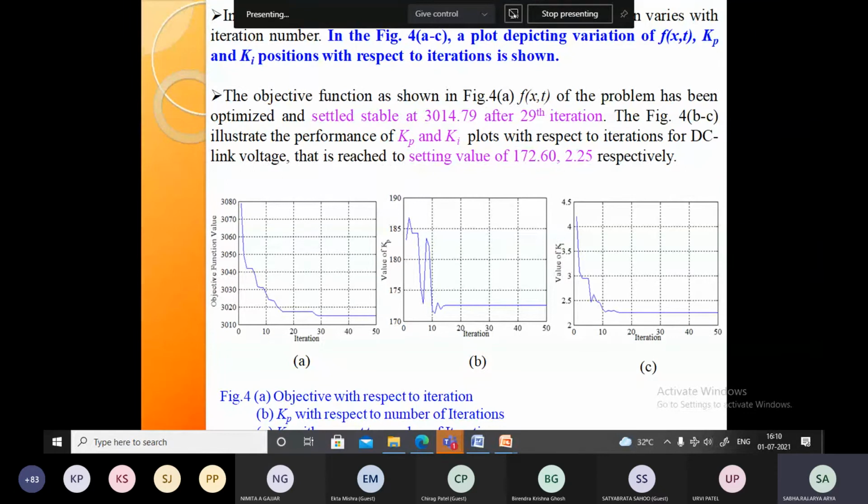Since the problem is based on minimization, we are going to minimize the cost function value. We are not looking for it to go towards 0; we want some minimum value. If we get a minimum with some constant value, then at that time you can consider those as KP and KI.